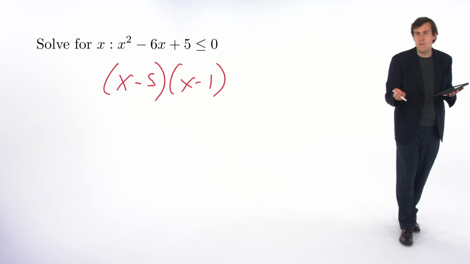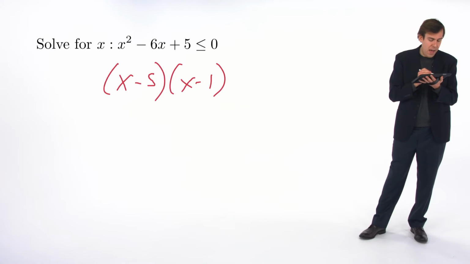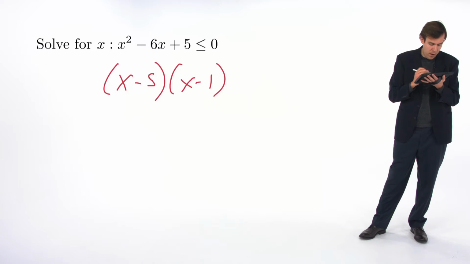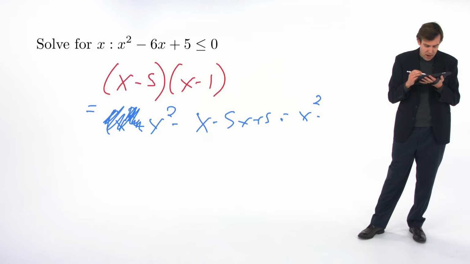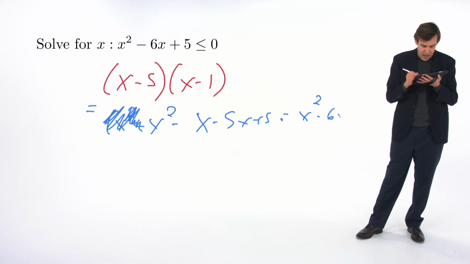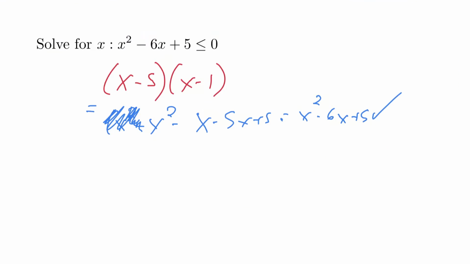This is just observing that I need the x times x to give me x squared, and I need minus 5 times minus 1 to be 5. So I check this. This is x squared minus x minus 5x plus 5, so x squared minus 6x plus 5 as desired.